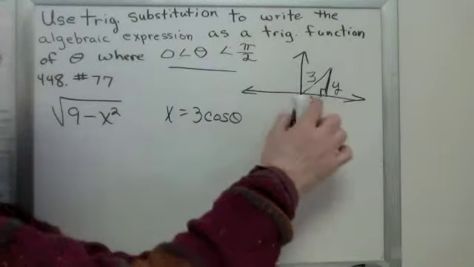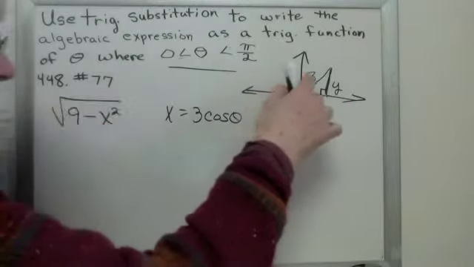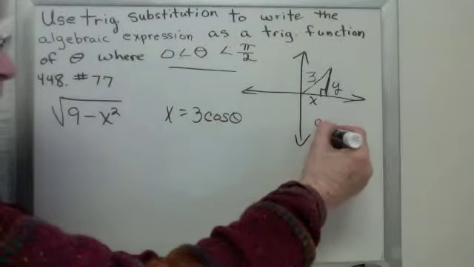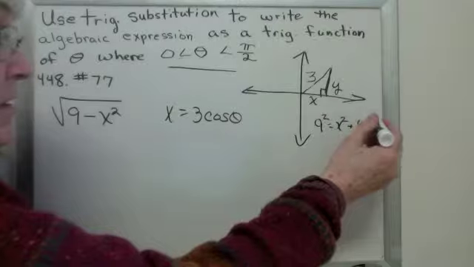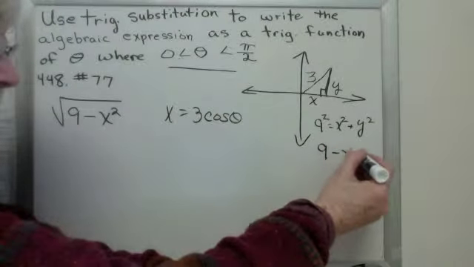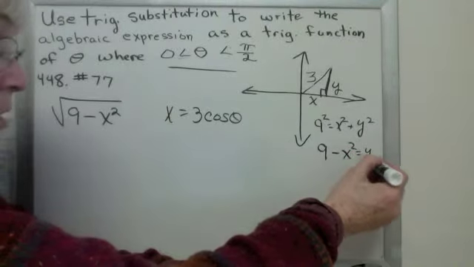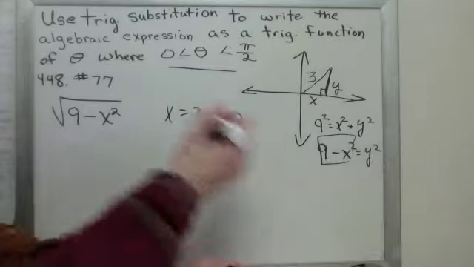So there's the right triangle that represents this problem. And really I would have 9 squared equals x squared plus y squared. But here they change it around a little. 9 minus x squared equals y squared. And that's what we're dealing with, 9 minus x squared.